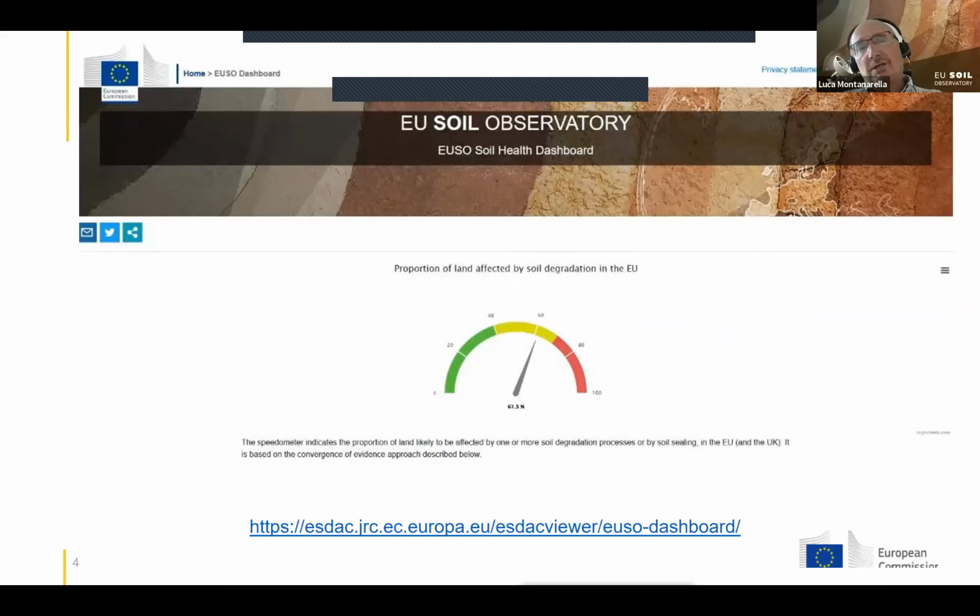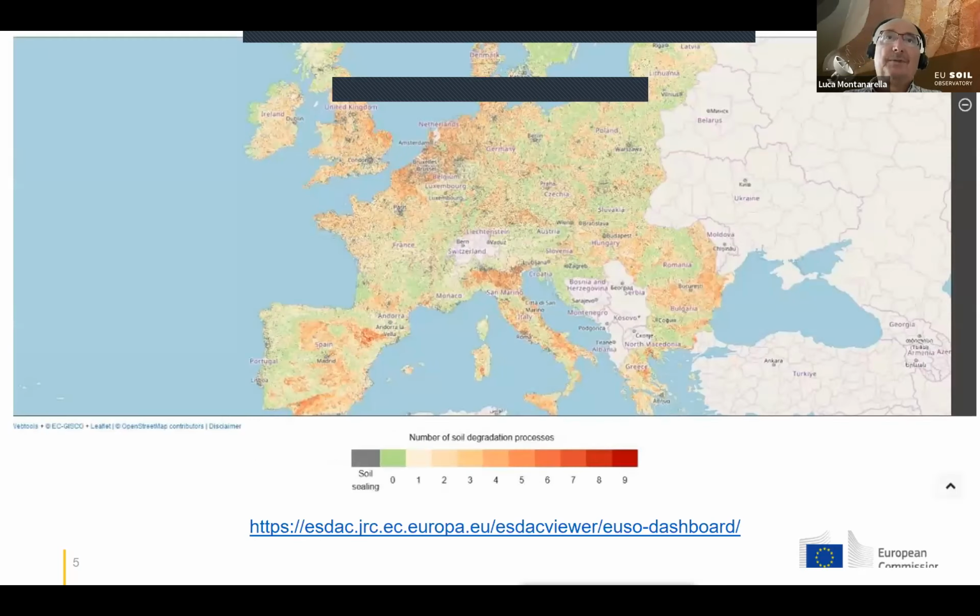I really encourage you to use it and to go on this website. You will see the current proportion of land affected by soil degradation, measured through the set of indicators used in the dashboard, which is currently reported at 61.5% of the EU surface. This is quite an important proportion of the EU that is affected by soil degradation processes.